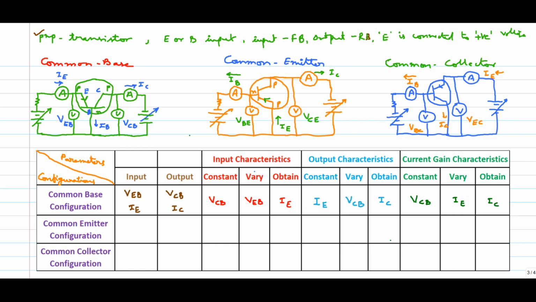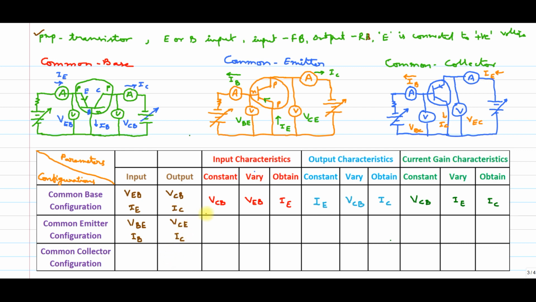Coming to common emitter configuration, again we need to see the input parameters, output parameters, and all three characteristics by seeing the diagram itself. In common emitter configuration, the input voltage is VBE and the input current is IB. Similarly, the output voltage is VCE and the output current is IC.